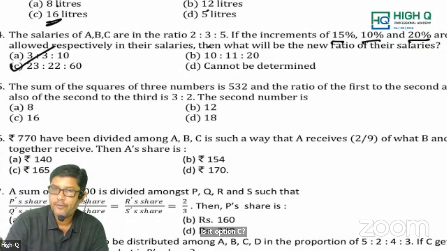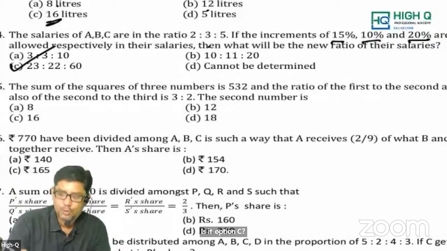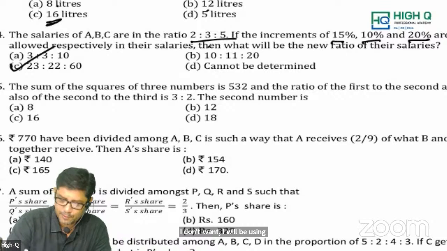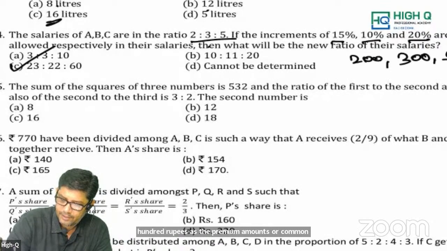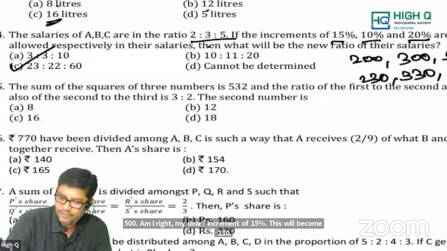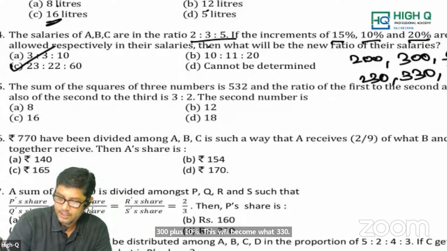Otherwise, you can have one more method also, sir. I will be using 100 rupees as the common multiple, sir. So 200, 300, 500. Am I right, my dear? Increment of 15%. This will become 230. 300 plus 10%. This will become what? 330. And 500 plus 20%, 600.